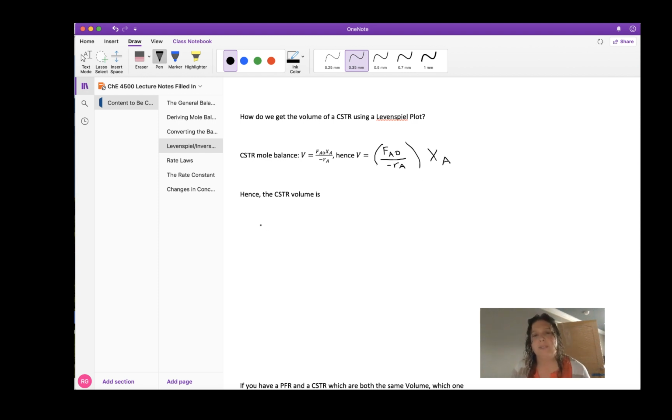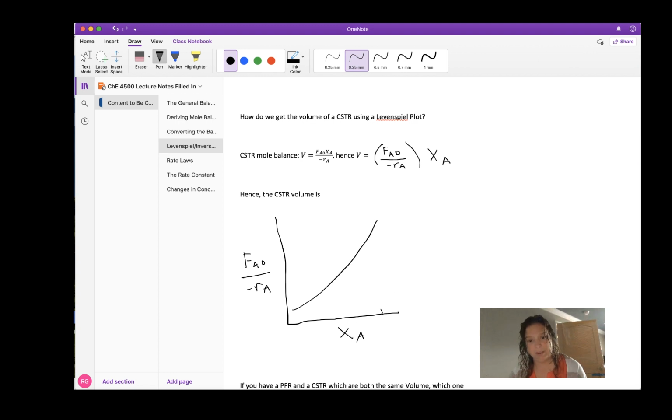So how can I use that to get a volume using a Levenspiel plot? What can I do? And I'll do the same thing. I have this at a certain conversion. How can I use this Levenspiel plot to estimate the volume in a CSTR?